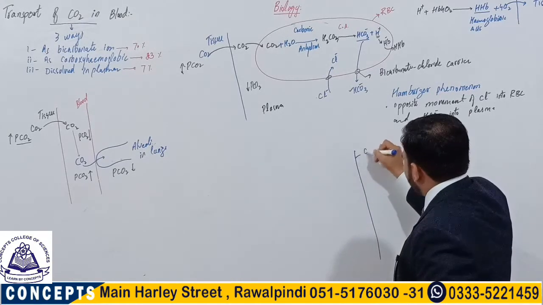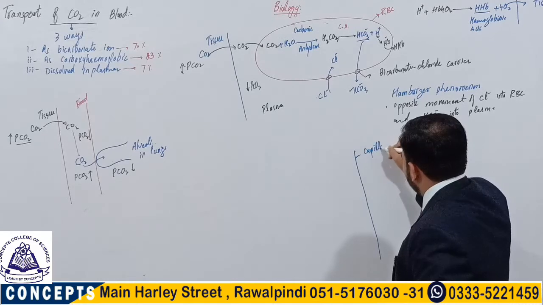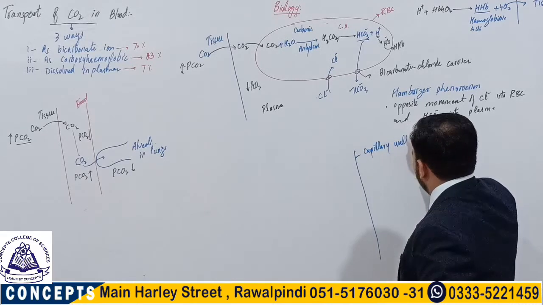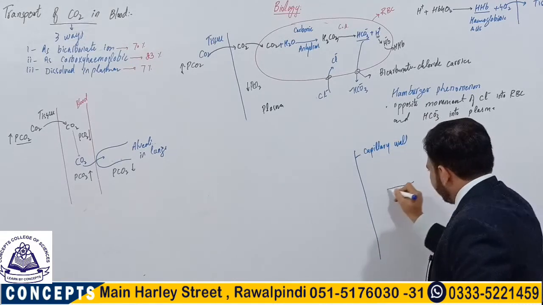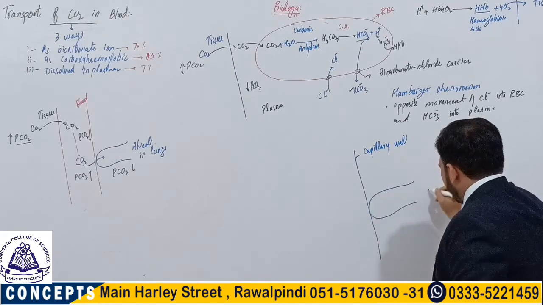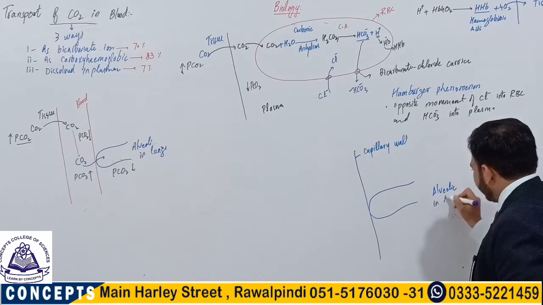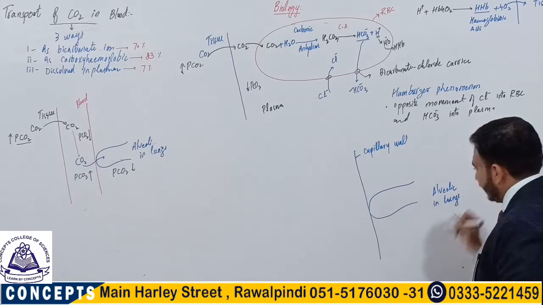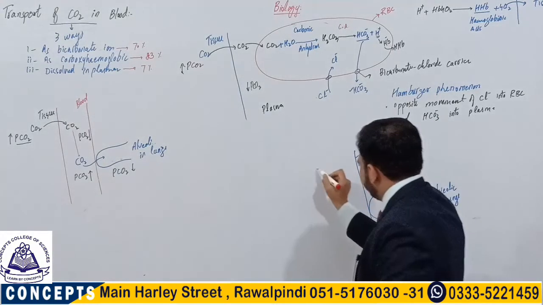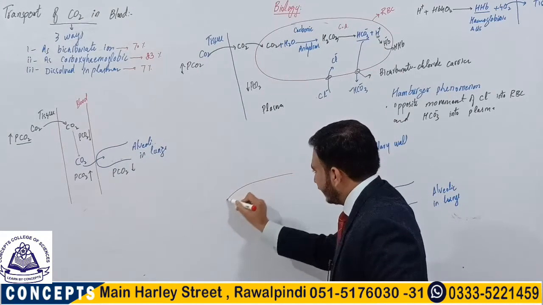It is the capillary wall. These are the alveoli which are present in lungs, and red color indicates RBC.